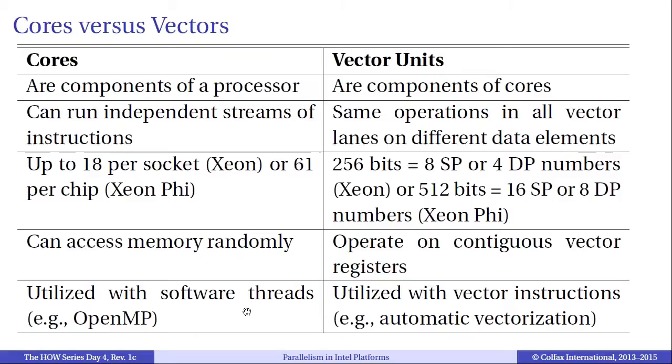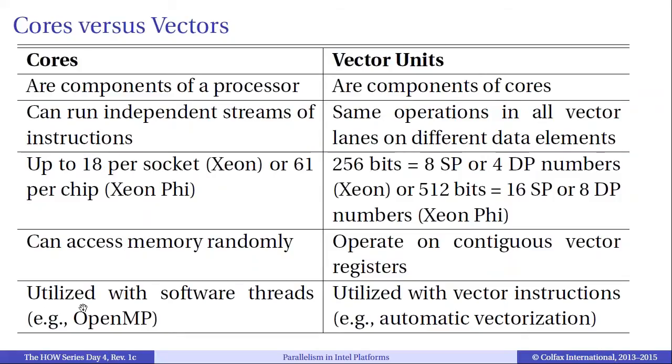Having cores and vectors in the platform requires you to think where you have parallelism in your application and specifically focus on task parallelism and data parallelism. Cores can handle task parallelism, meaning they can run independent streams of instructions and they can access memory in any way they want.